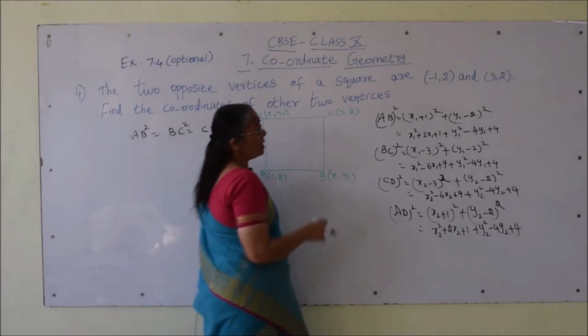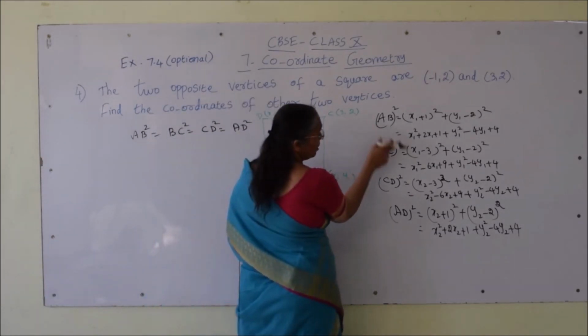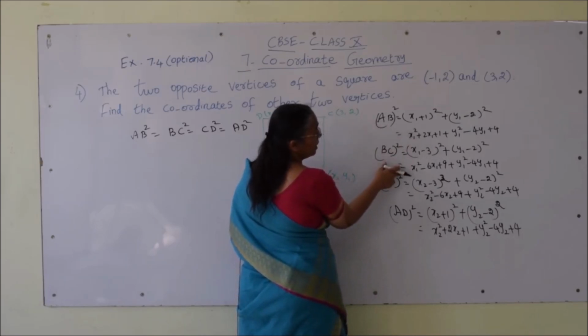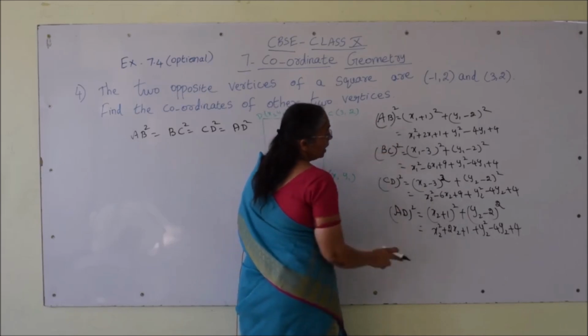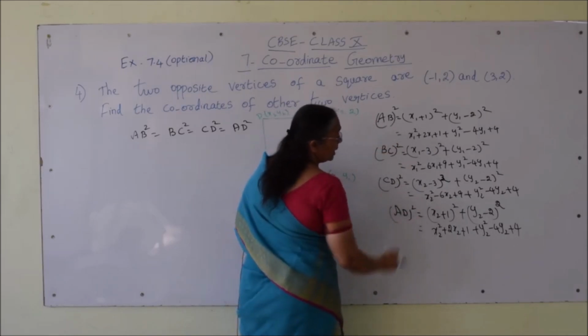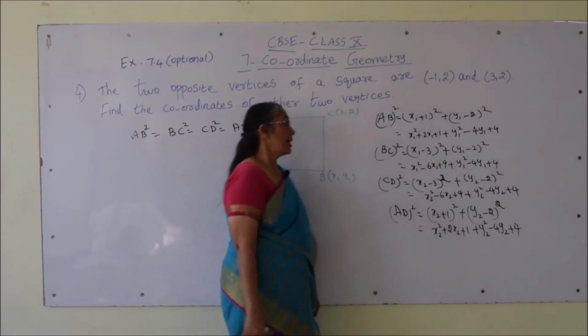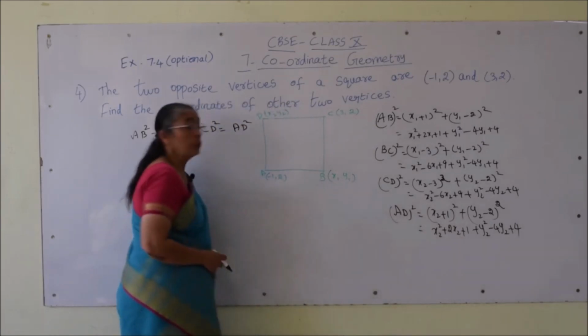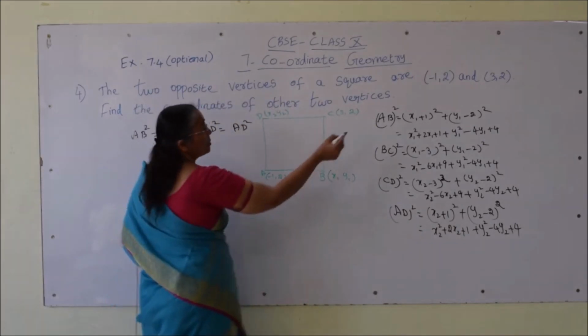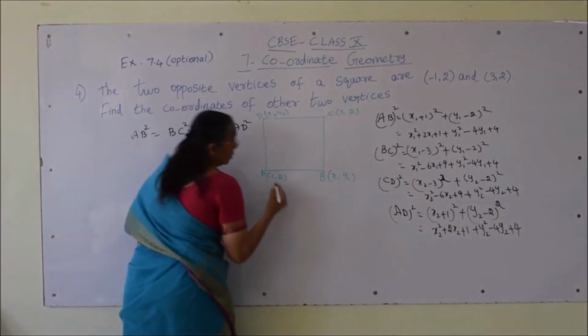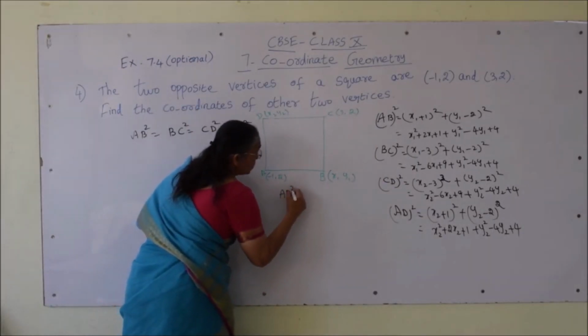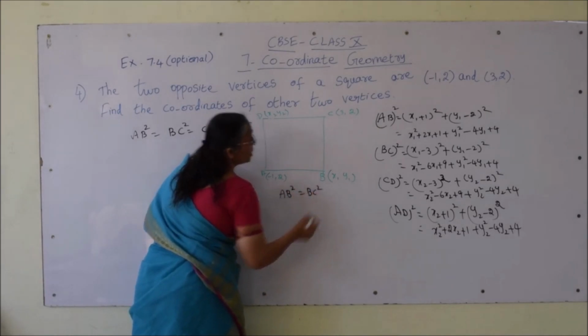When we equate these two, we will get one equation in terms of the two variables x1 and y1, and when we equate the other two we will get another equation in terms of x2, y2. First we will see that part. Now, let us equate AB square equal to BC square.